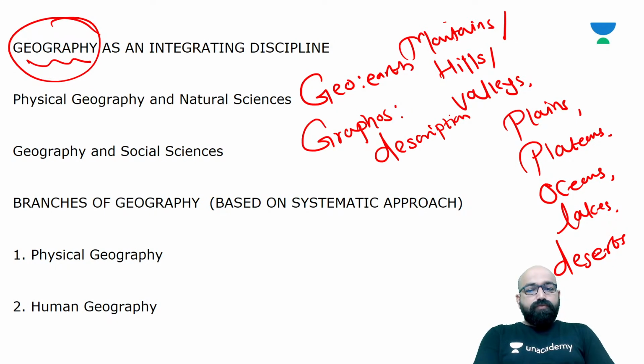Now, dear friends, when we discuss geography as an integrating discipline, we put together the meaning of description of the earth. The earth has always been seen as the abode of human beings, and scholars defined geography as the description of the earth as the abode of human beings.